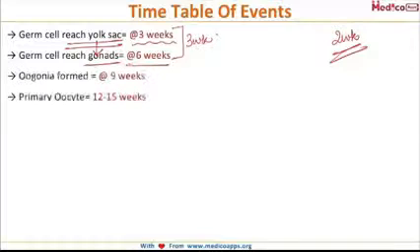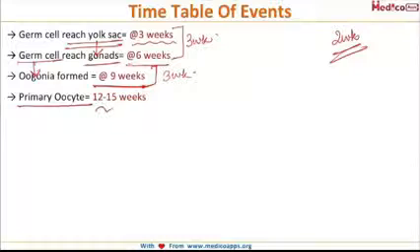These germ cells undergo rapid mitotic division, and this leads to the formation of oogonia. When does this happen? This is at 9 weeks of gestation. Again 3 weeks. A few of these oogonia enter the prophase of the first meiotic division, and they are called primary oocytes. This is at 12 to 15 weeks of gestation, again a gap of 3 weeks.